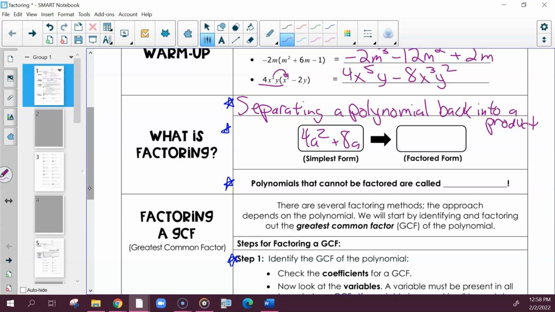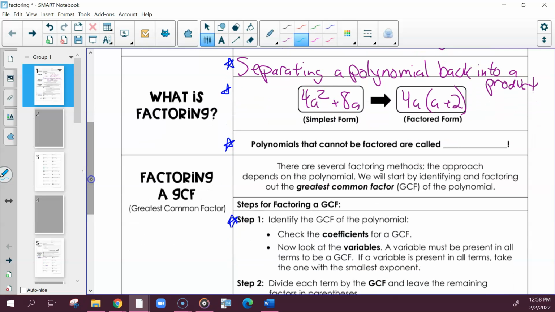I'm going to write what that is, and then we'll explain how we got that. When we go back to the factored form, we're dividing out anything that the terms have in common. So in this case, if I look at both of these, let me fill this in, and then I'll talk through the steps as I do this.